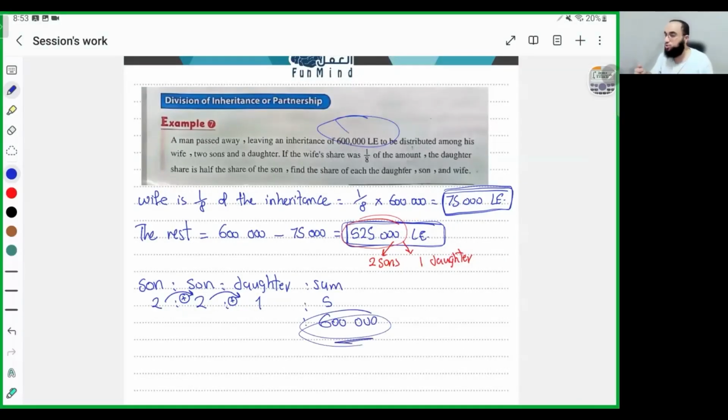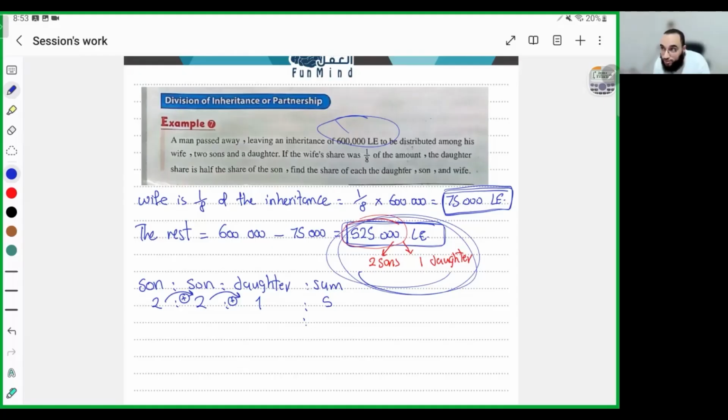Because this part belongs to the two sons and the daughter. Here we are talking about only two sons and only the daughter. What's the share of the sons and the daughter alone, without the wife? This part belongs to the sons and the daughter, without the wife.